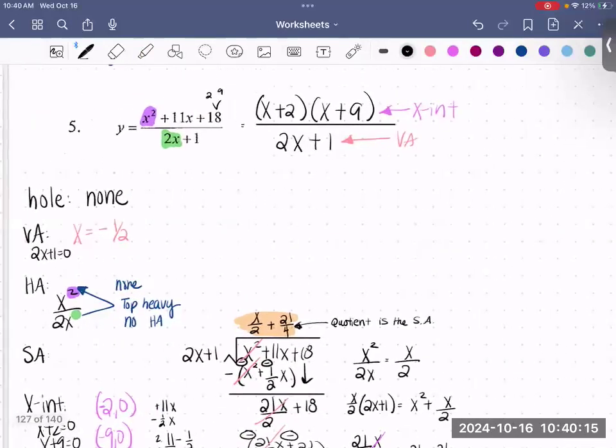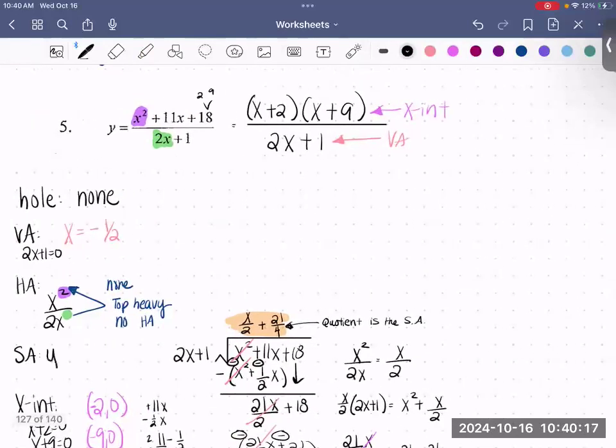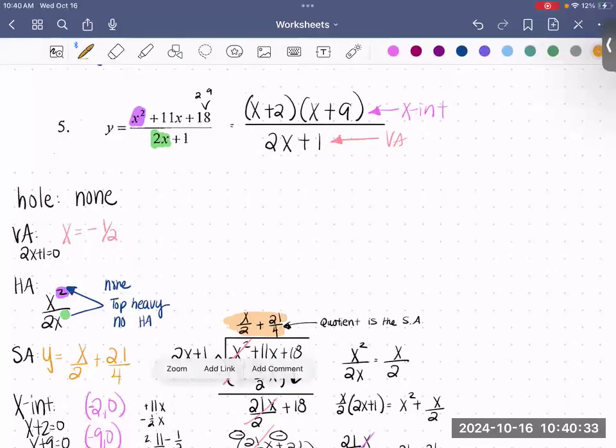So our slant asymptote has the equation, and I'm going to put it in this orangey color: y equals x over 2 plus 21 over 4.